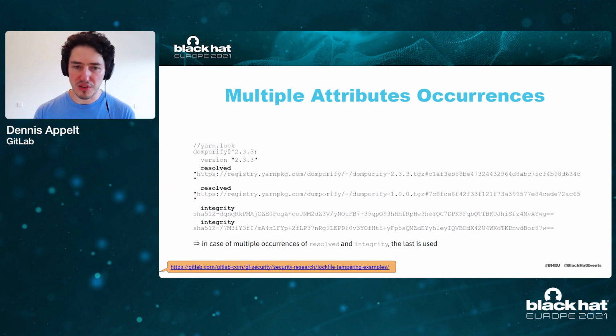As it turns out, if there are multiple entries, Yarn is using the last occurrence of an entry. And here again, it would resolve the dependency DOMPurify to the lookalike package and not the intended DOMPurify.